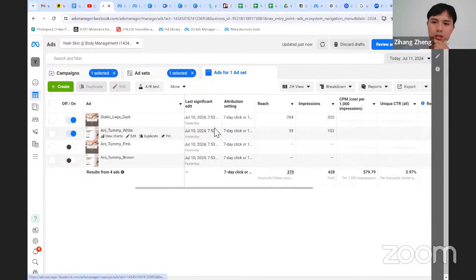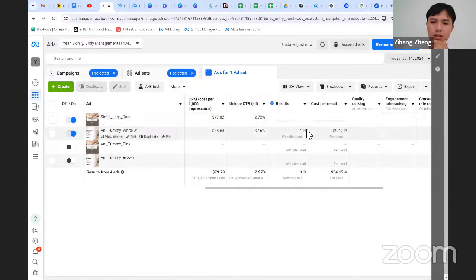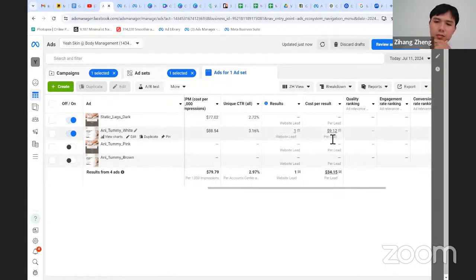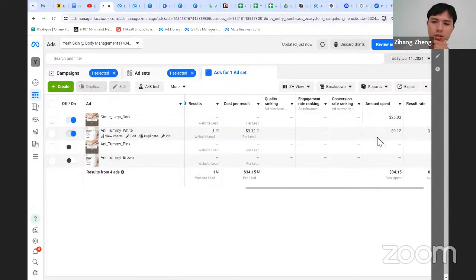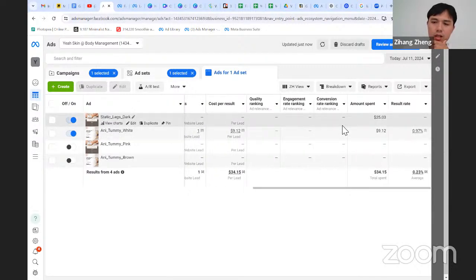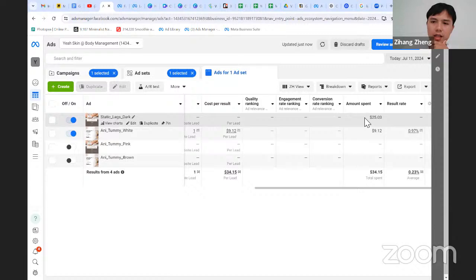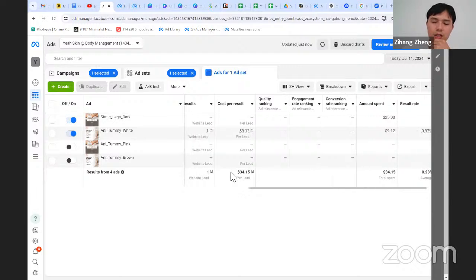So far, one of the creatives generated one lead, so that's $9.12. And the other one has not generated any lead. The spend across, because I think it tracks the whole ad spend, on the whole ad set level the CPL is 34.15.